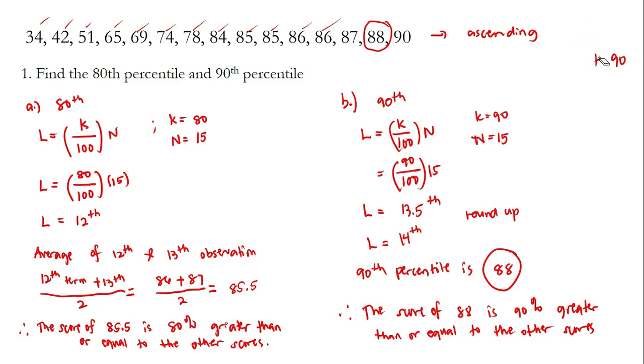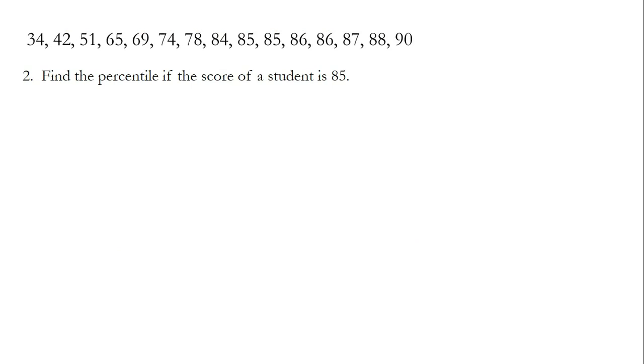Okay, number 2. For number 2, same data set. If the student score is 85, what percentile is it? So find the percentile if the score of one of the students among these 15 students is 85.